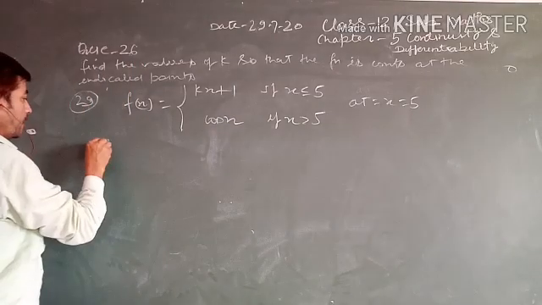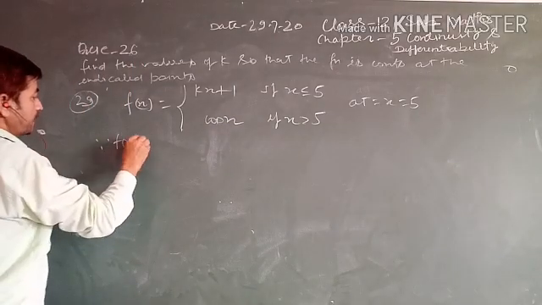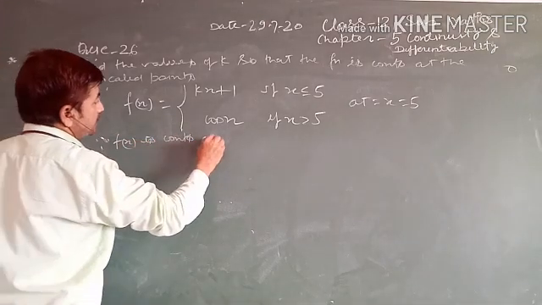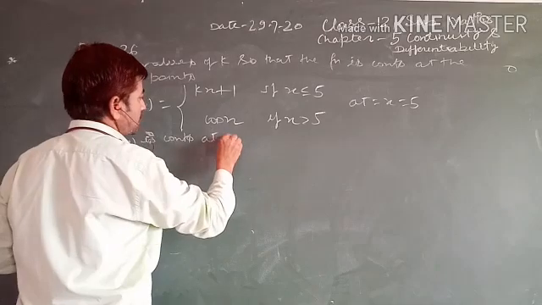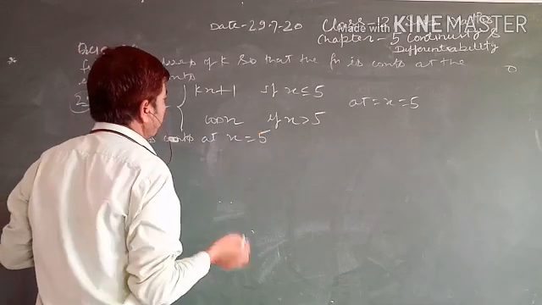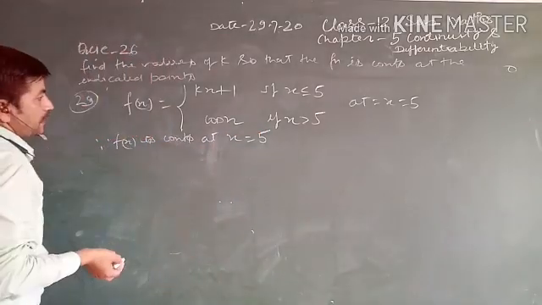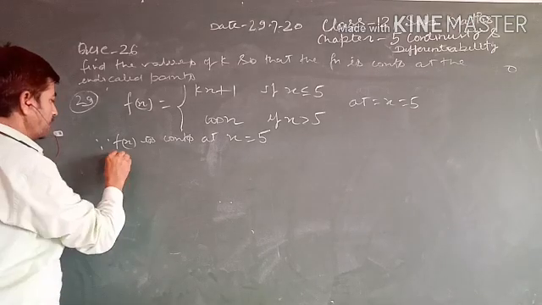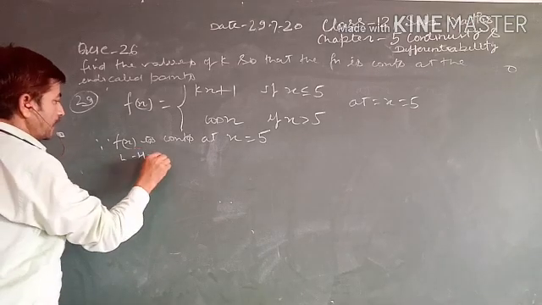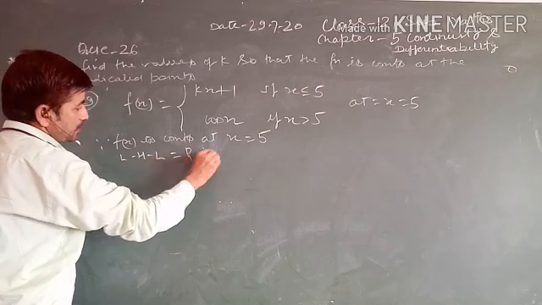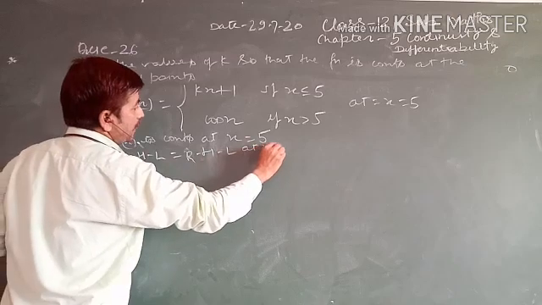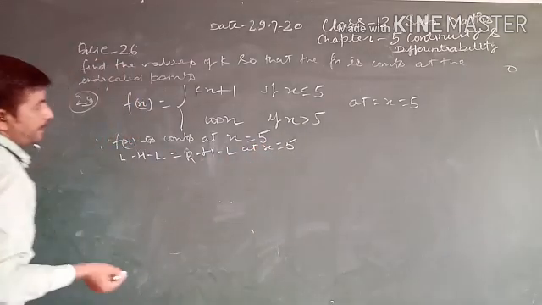Since f(x) is continuous at x equal to 5, therefore LHL is equal to RHL at x equal to 5.